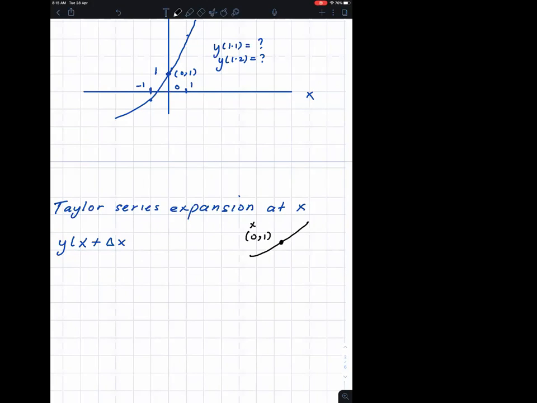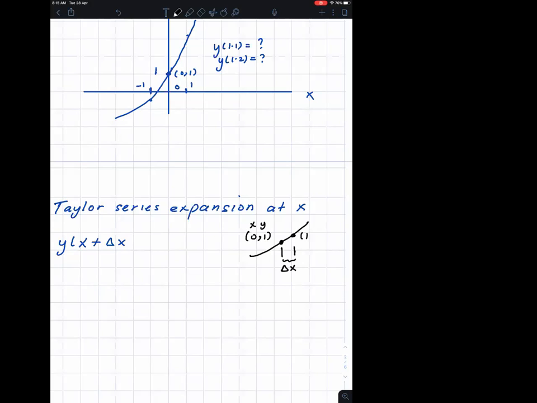Let's say x and y, and then you're going to find out what is y at 0.1. We're going to find the y value some delta x away from x.